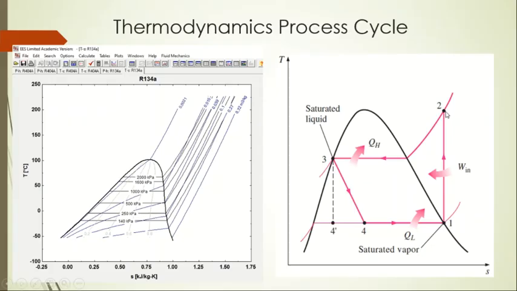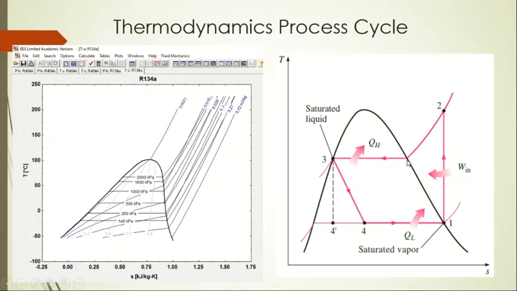Then from this diagram we can see clearly that the adiabatic process is a constant entropy process. On the other hand, the condenser is actually not an isothermal process, because there is a certain part in which sensible heat transfer also takes place, lowering the temperature of the refrigerant vapor from point 2 to this point.